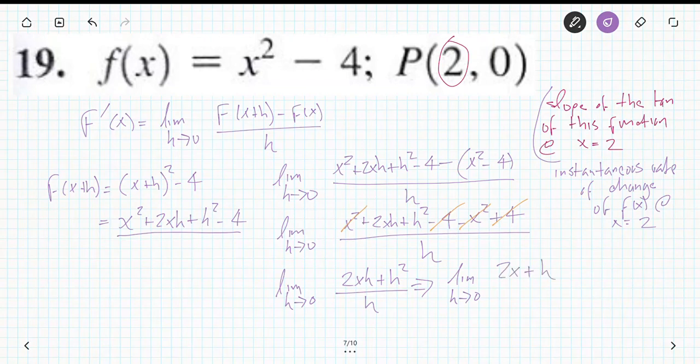Okay, so one of the h's went out, and this coefficient went out. So that's how I got 2x plus h. All right, so now we're saying, okay, what happens as h approaches 0? This is going to tend to 2x. All we did is substitute 0 for h and we got 2x. Okay? So we're going to say now that the derivative is going to be 2x.